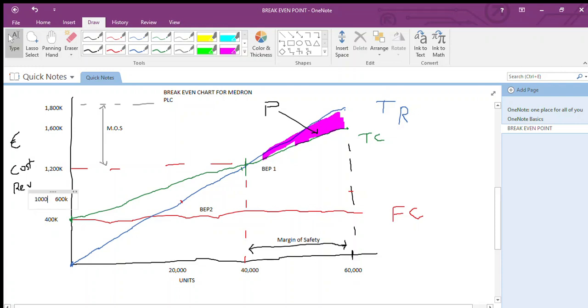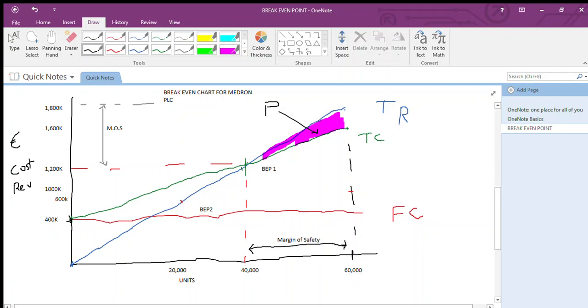I'm going to say 1 million is 1,000K, so I'm just going to add this in above the 600, again very roughly drawn. My total cost line 2 is going to take me from my fixed cost line, because that hasn't changed. It's going to take me through my break-even point, because that's part of both lines.